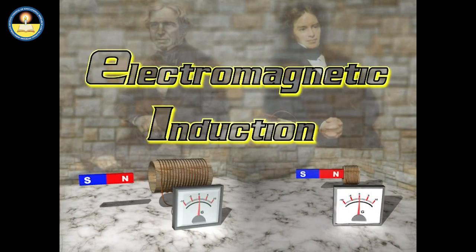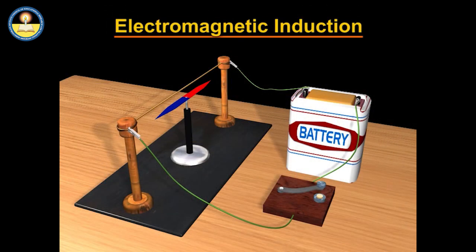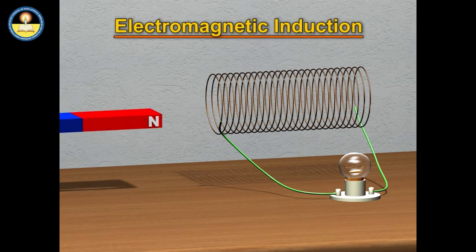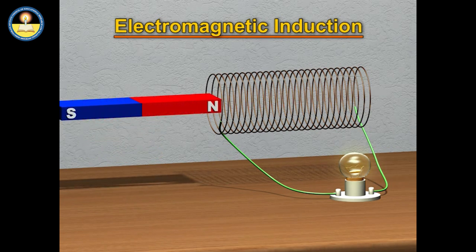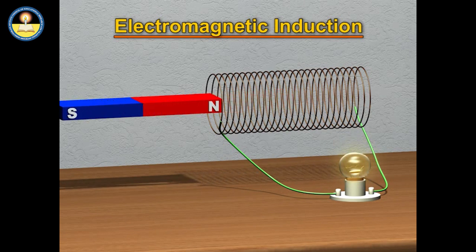Electromagnetic induction. We know that if electrical current is flowing in a conductor, there is an associated magnetic field created around the conductor. In a similar way, if we move a magnet near a conducting wire, there should be an electrical current generated in the wire.